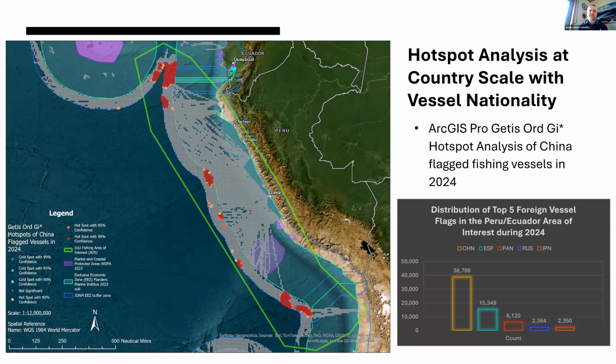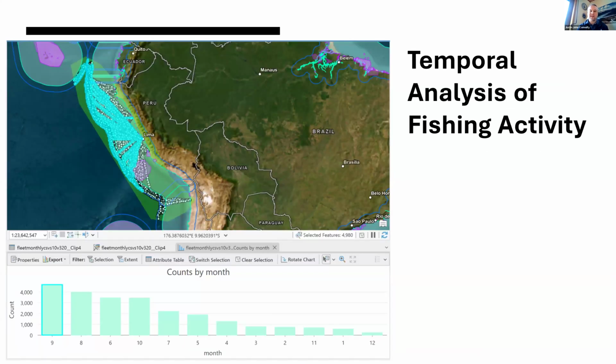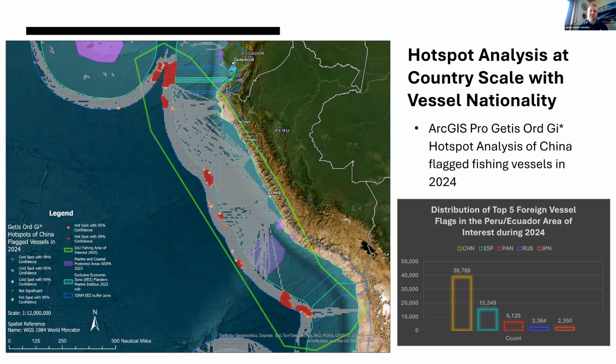And that's an issue because it's right outside of the boundary and it's clearly trying to exploit Peru's resources. And those aren't vessels that have any kind of agreement with Peru. It's also likely that they may turn off their transponder and go inside the exclusive economic zone, which is illegal fishing, and then back out again.